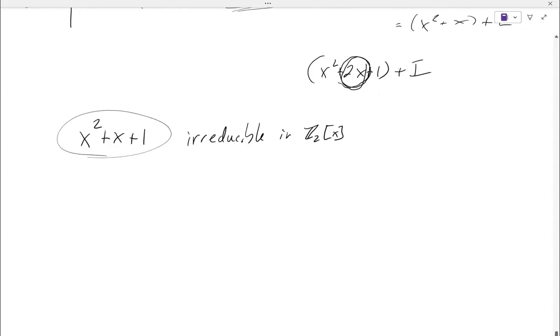So for example, if I can remember what numbers I need to use, let's consider Z3 of x. Let's say R is Z3 of x, and I is the ideal generated by x squared plus x plus 2, I think works.